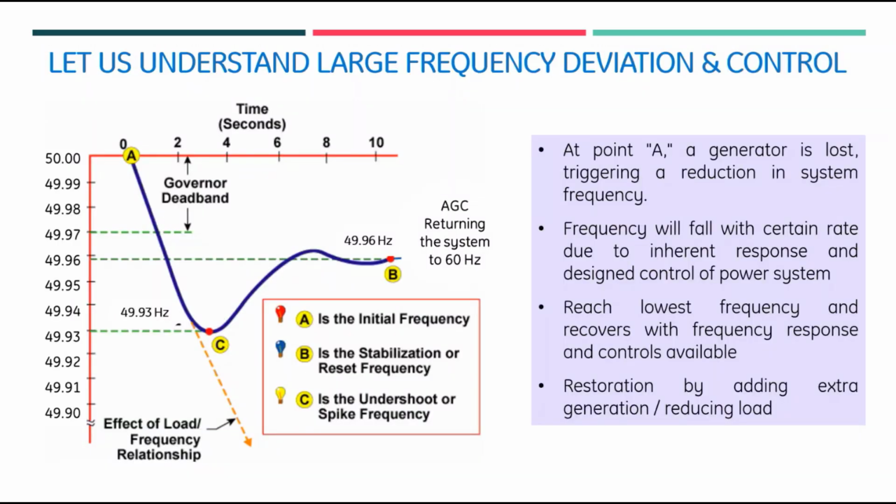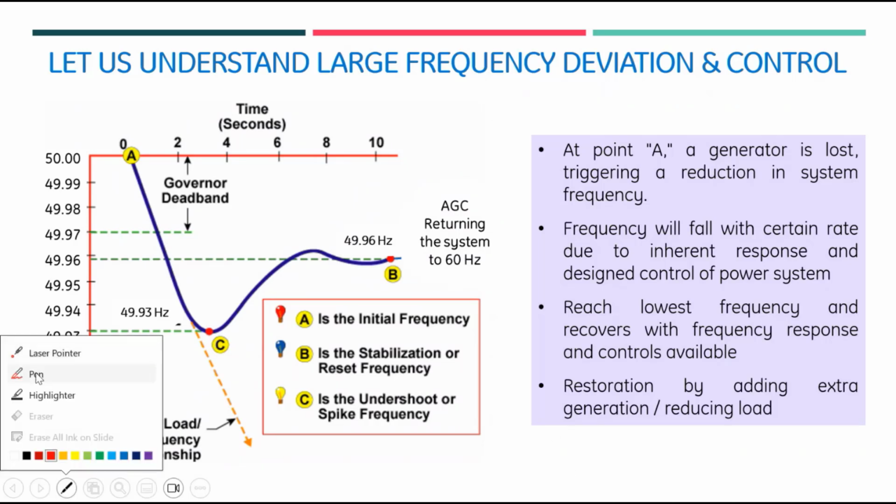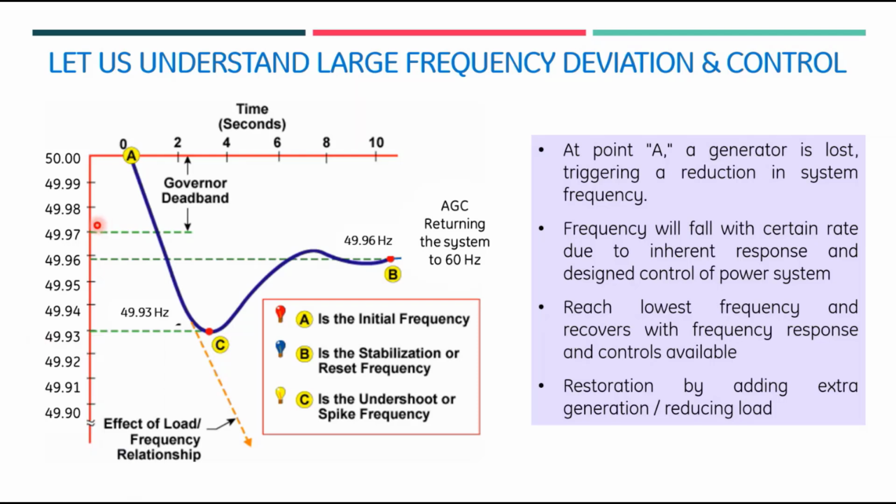So we'll look into the aspect of large frequency deviation and control. If there is a tripping in the system of any particular generating plant, so we have lost some generation in the system, then at that point of time frequency starts to fall, and there will be a certain rate of change of frequency, which we call RoCoF.